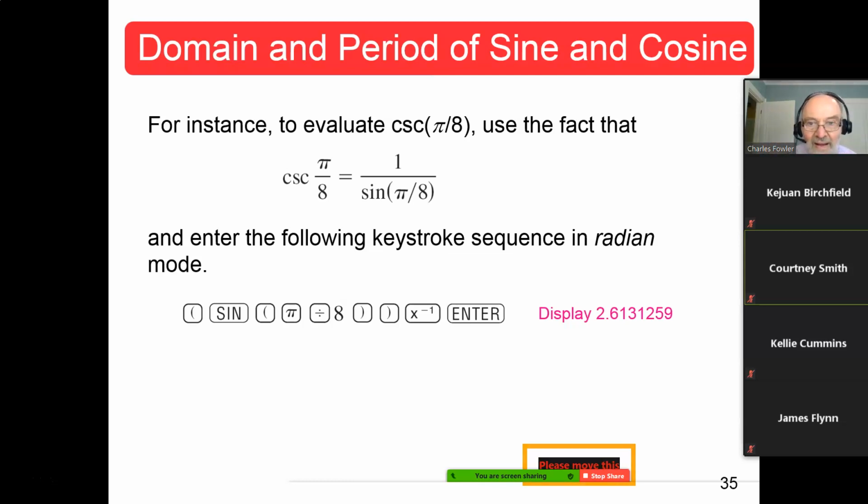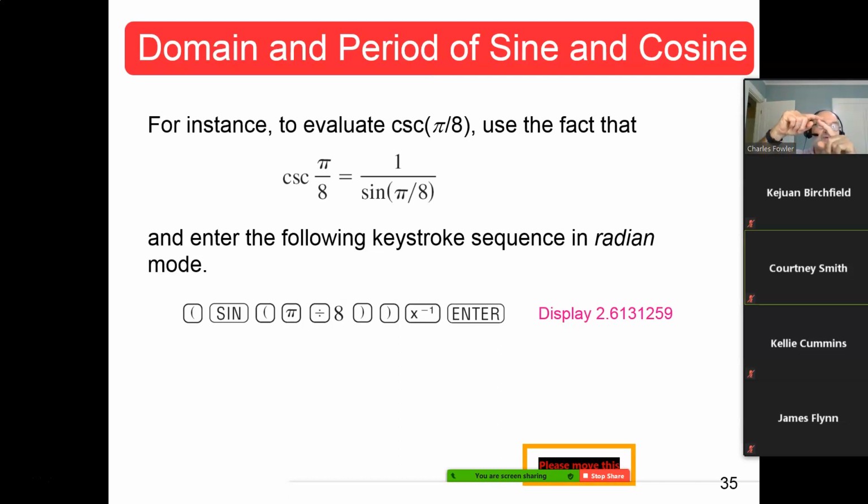Okay, now let me give you a hint. They haven't talked about it in the book yet, but it's true. Because sine and cosine always stay between -1 and 1, secant and cosecant are always outside -1 and 1. A secant or a cosecant will never have an answer of 0.5 or a -0.3 or anything like that.